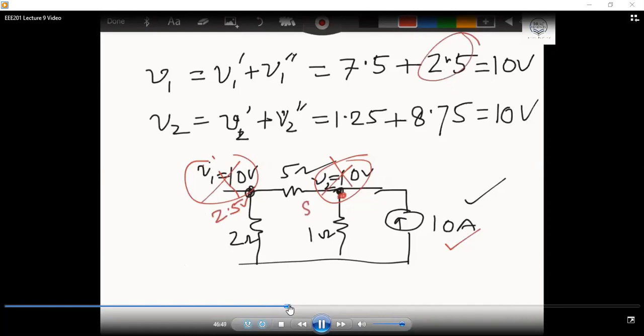8.75. Beautiful. 8.75. So this is the understanding. With only the 10 ampere source, it is one thing, and with the 5 ampere source, that is another.